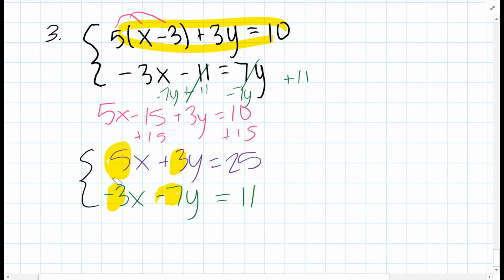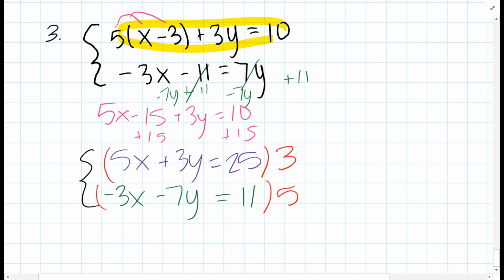And so I'm going to have to multiply both of these equations by a number. The numbers I'm going to choose: I'm going to multiply this top equation by positive 3, and I'm going to multiply this bottom equation by 5.